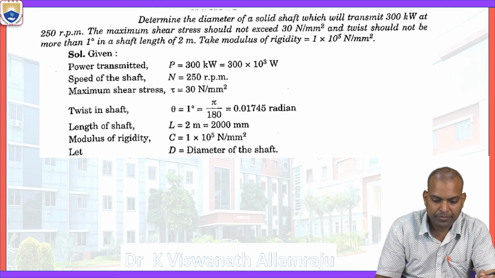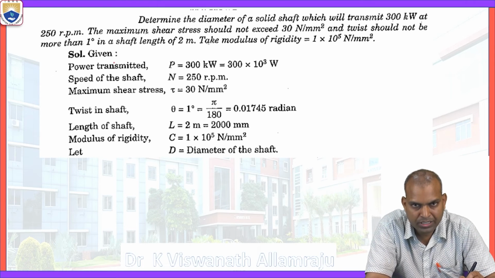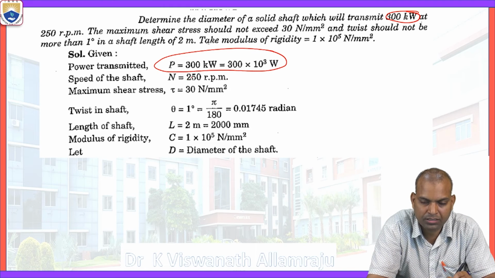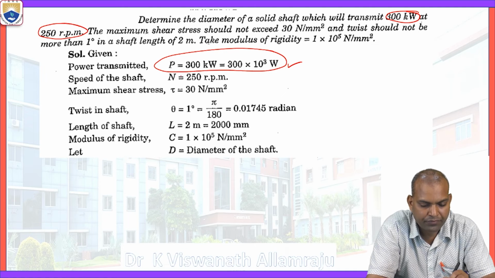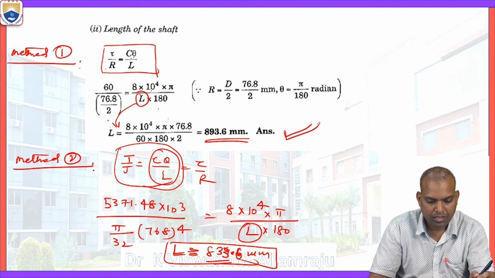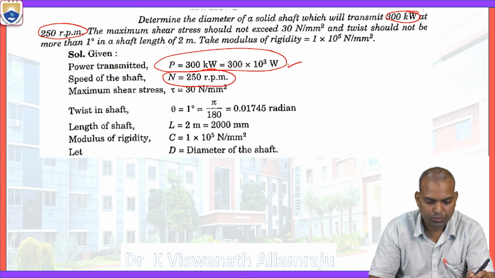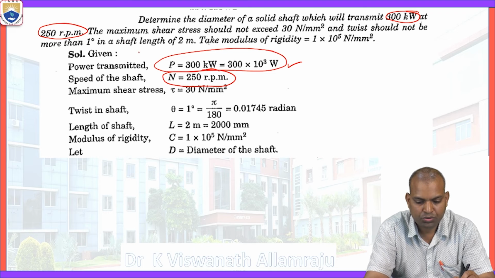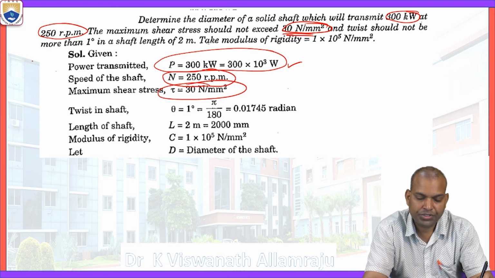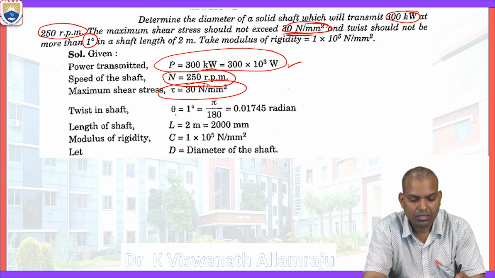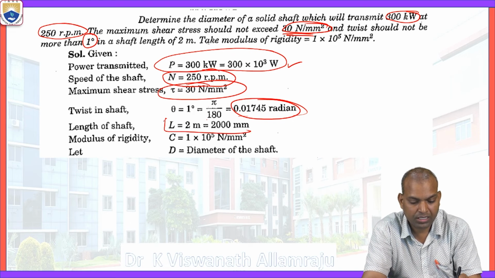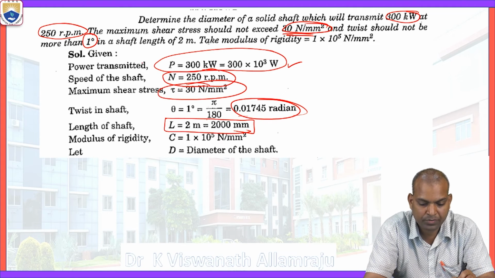Determine the diameter of the solid shaft which will transmit the power of 300 kilowatts, convert into watts, that is 300 times 10 cube watts, at the speed of 250 revolutions per minute. So here 2 pi N, yes, we use the speed.